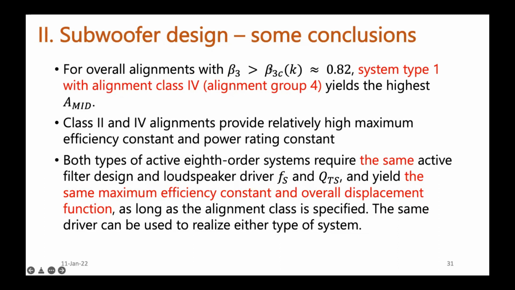And in this range, the system type 1 with the alignment class 4, it's labeled as alignment group 4, uses the highest A_MID, and a high A_MID is desired because it's the relative attenuation between the system and the driver. So we want this value to be high.